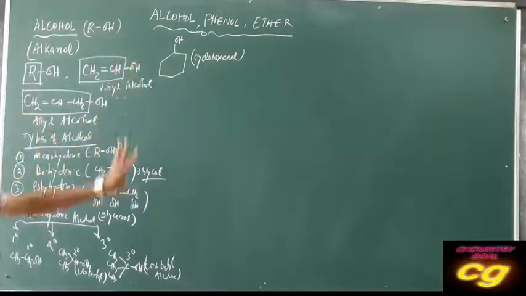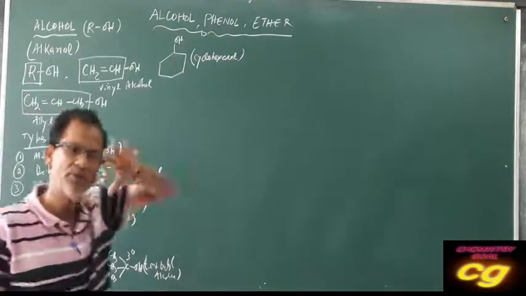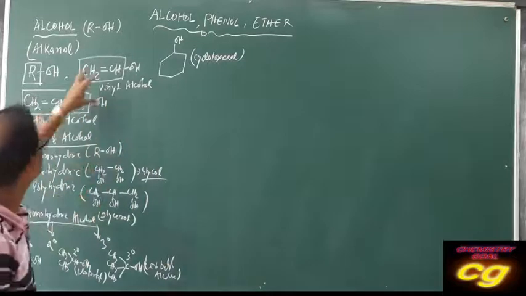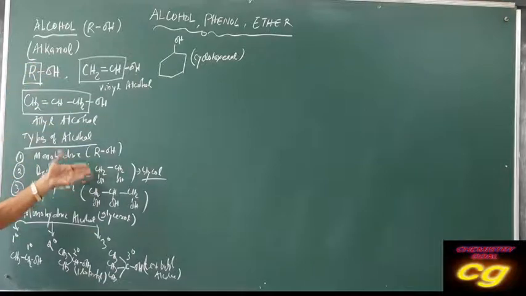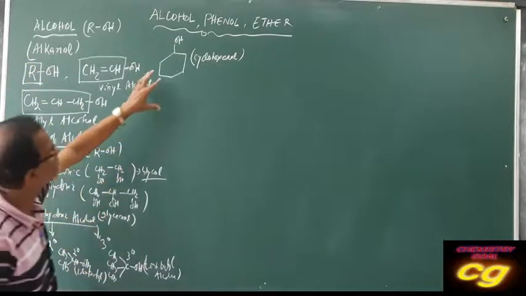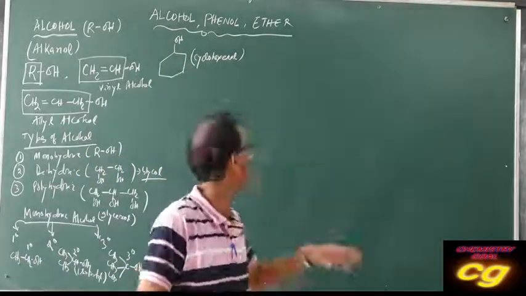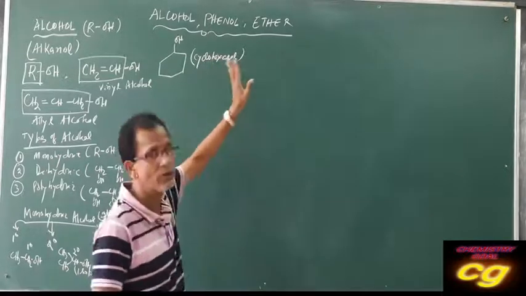The alcohol classification depends upon the alkyl group attached, whether vinyl type, allyl type or alkyl type, and on the number of OH groups. If the OH group is attached to an alicyclic carbon, it is called cycloalkanol.